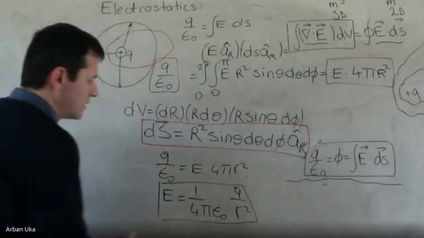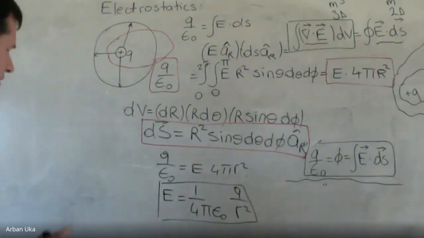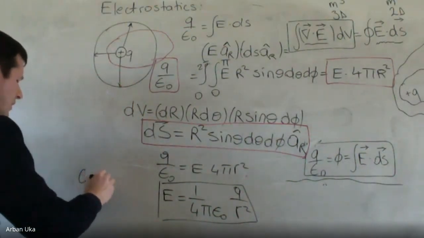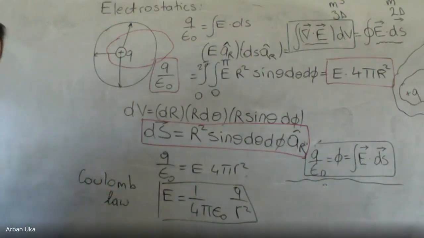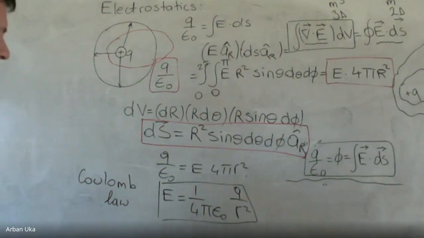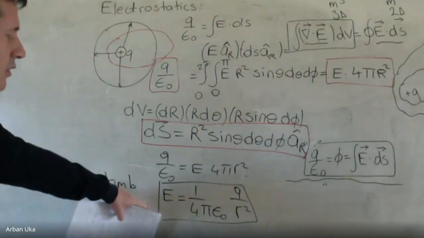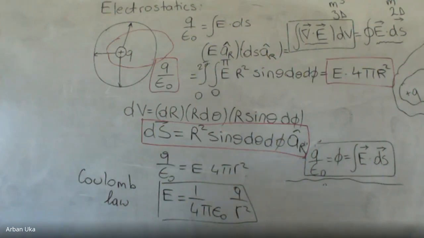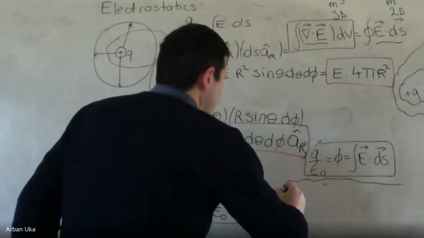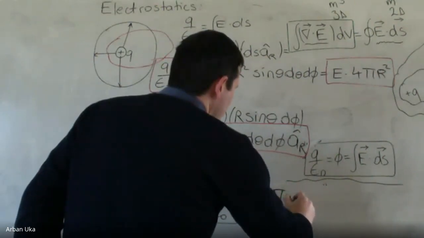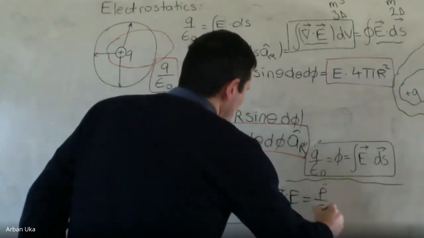You know this law before. This is called the Coulomb Law, which expresses how the electric field depends on the charge. So it looks like we derived this law from the postulate of the electric field, and that postulate was this: that the divergence of the electric field was rho over epsilon 0.